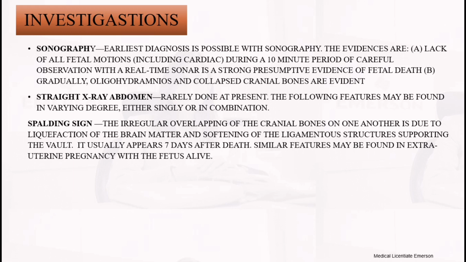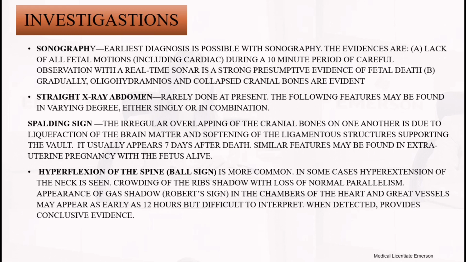Similar features may be found in extrauterine pregnancy with the fetus alive. We also have other signs such as the bow sign, which is hyperflexion of the spine, which is more common, and in some cases hyperextension of the neck is seen, crowding of the rib shadows with loss of the normal parallelism, and the appearance of gas shadows, which is the Roberts sign, in the chambers of the heart and great vessels.